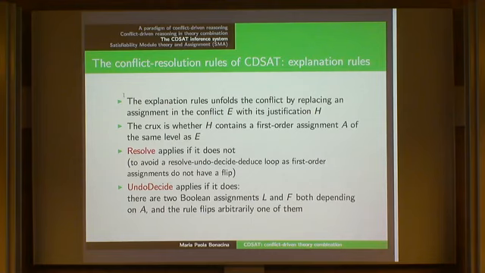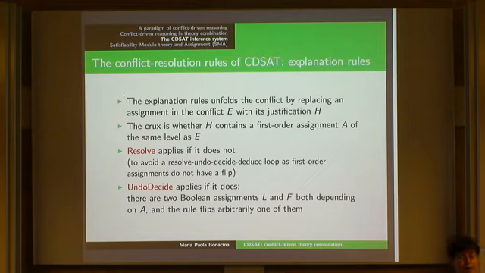Because assume that we do not have this caveat. Then we could do a resolve and replace A with H. Then we would apply undo, they would undo the first order decision, say A prime, included in H. But then we could decide it again. Decide again A prime. And we can deduce again the consequence A of H.